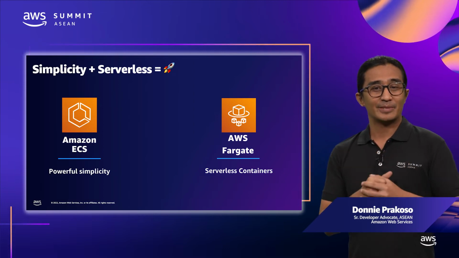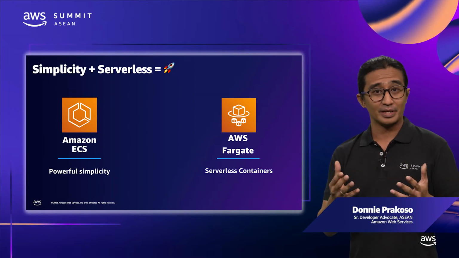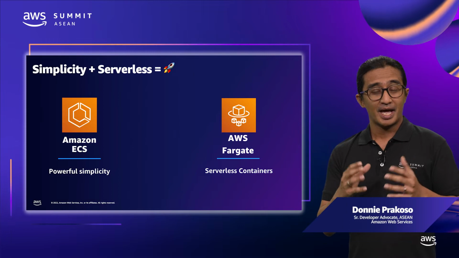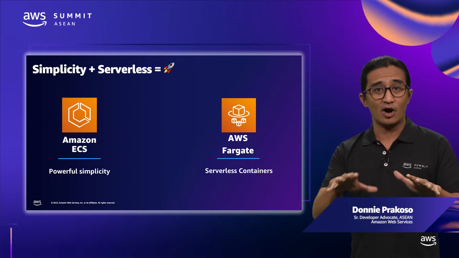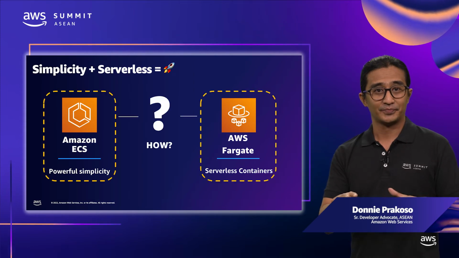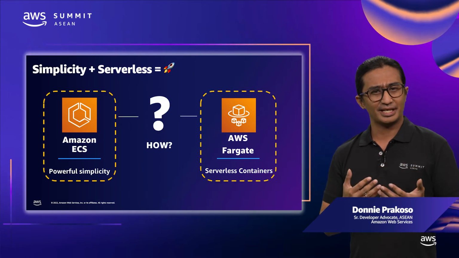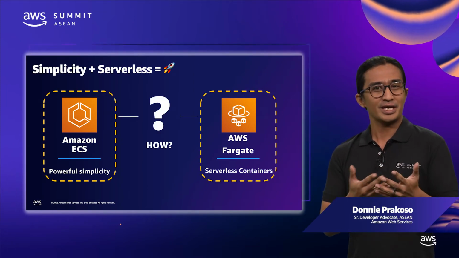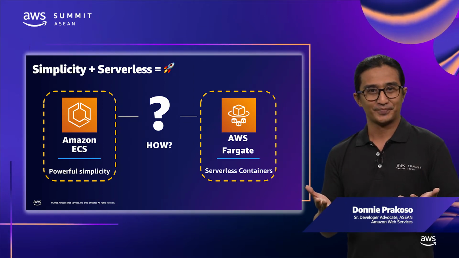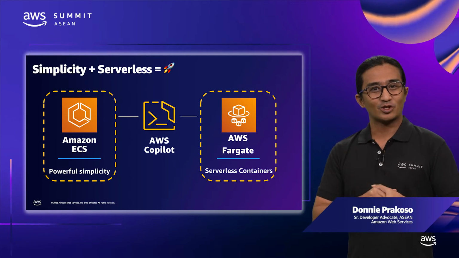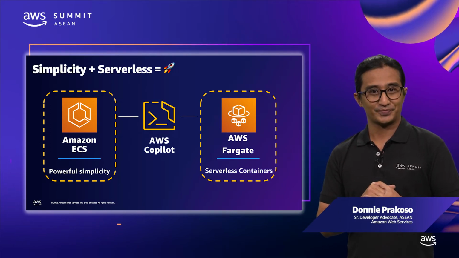And that is where AWS Fargate plays a vital role in our architecture. With Fargate, you are freed from having to manage any of the underlying infrastructure. But the next question is how? How can we build microservices with Amazon ECS and AWS Fargate? And that's where AWS Copilot comes into the picture.